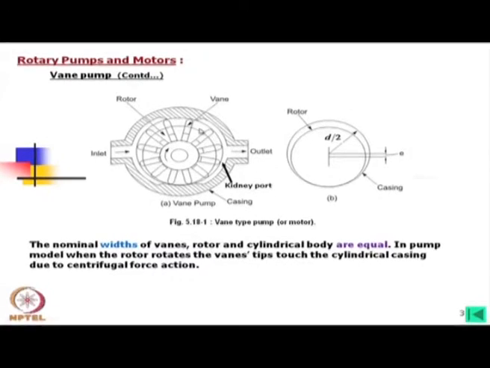The rate of change of area is equal to the rate of change of volume, the same rate it is changing. So, definitely there will be expansion and compression, and this can act as a pump, and the reverse process will be the motor.